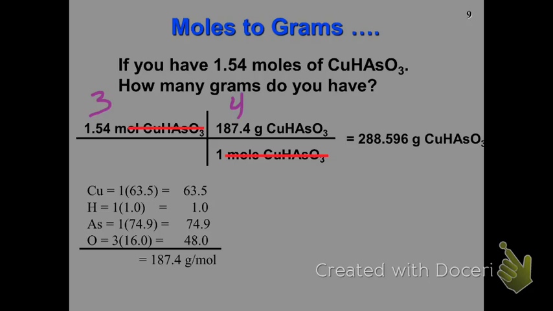This to me looks like it should probably be 289. Should round up because it's 288.59. Let's see if that's the case. Yep, 289 grams CuHAsO3. Again, only 3 significant figures because of the 1.54 number above.